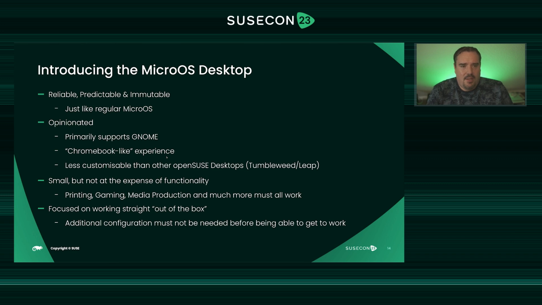So, being a bit opinionated, we're primarily supporting GNOME. There is a KDE variant, but in reality, most of the community is there with GNOME. GNOME is better aligned with a lot of these concepts, especially when we're aiming for something that is much more like a Chromebook than, let's say, a regular Tumbleweed or openSUSE Leap desktop.